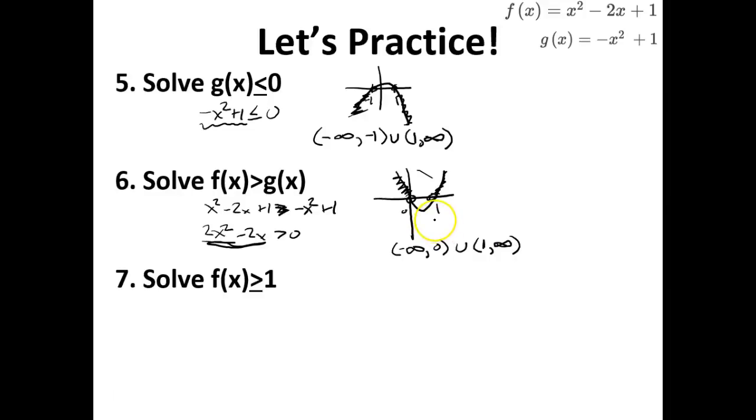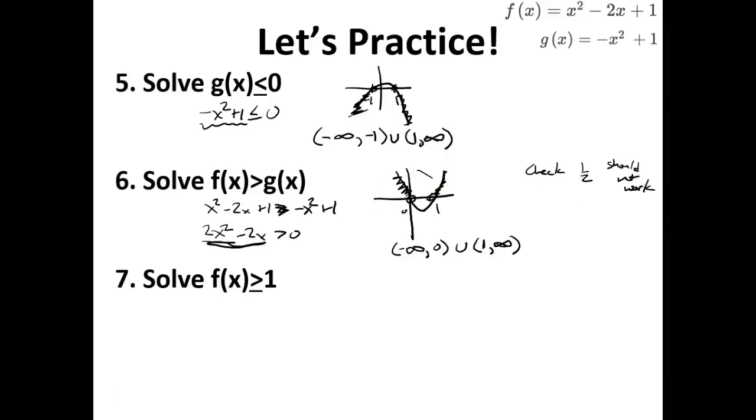If I wanted to check to make sure that that was actually the case, I would check it with a number. So let's say I check it with 1/2, because 1/2 is between here. 1/2 should not work, because it's not in the interval that I actually shaded or chose.